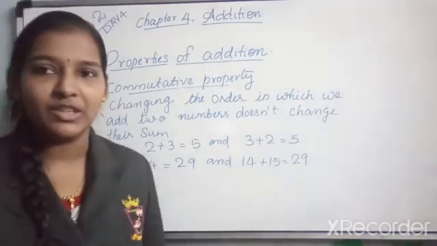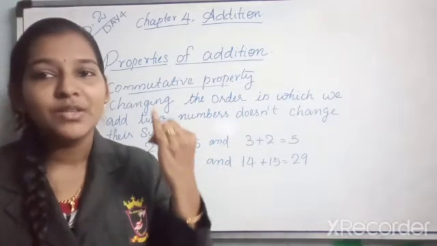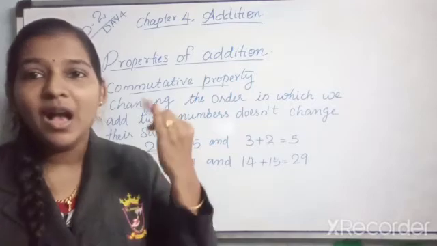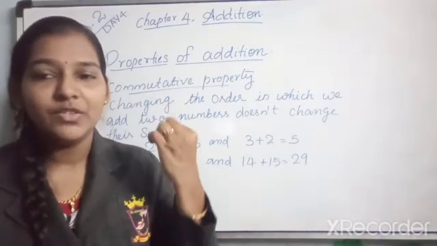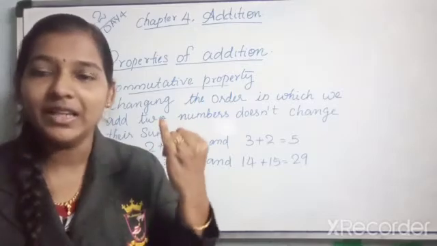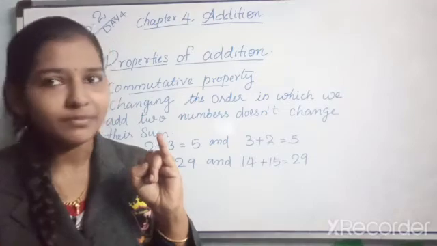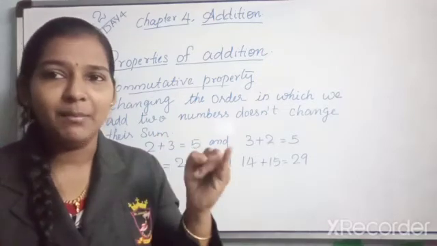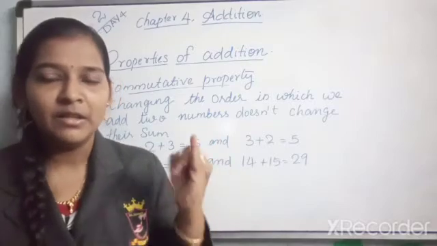So children, today we learned 3 properties of addition. Which are they? Zero property, then after number property, and then commutative property. Zero property says if you are adding a number with 0, the answer will be the number itself. For example, 2 plus 0 is equal to 2, that is the number itself.